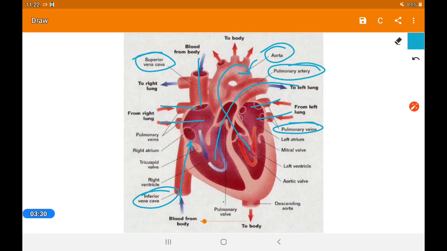Now in valves, the tricuspid valve and mitral valve, and here the semilunar valve. So these parts are important, you have to remember them.